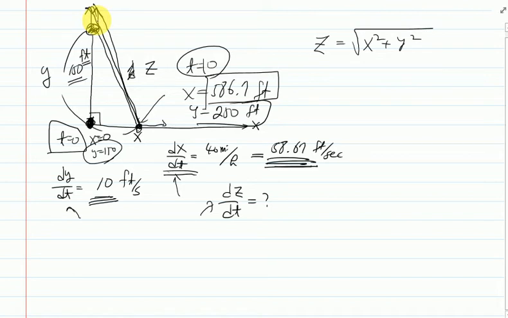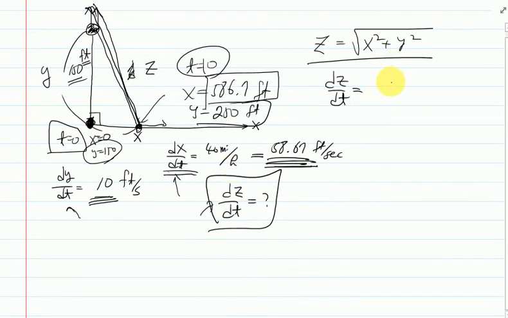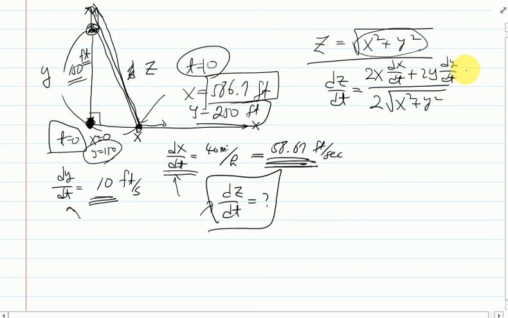So that's all the information we need. It's a little bit tricky. From that equation, dz/dt, which is what we are looking for, comes from that square root formula. Taking the derivative, it's going to be 2x dx/dt plus 2y dy/dt.